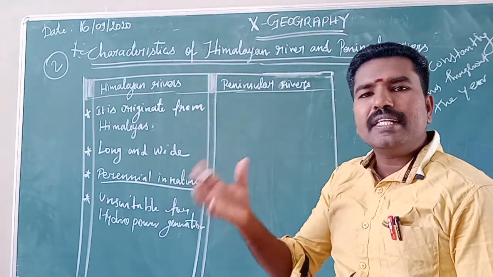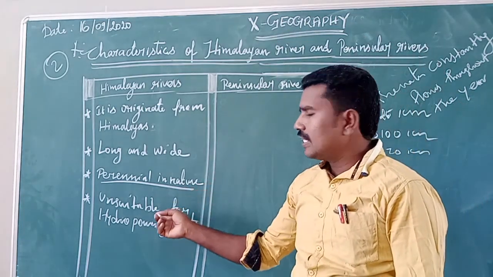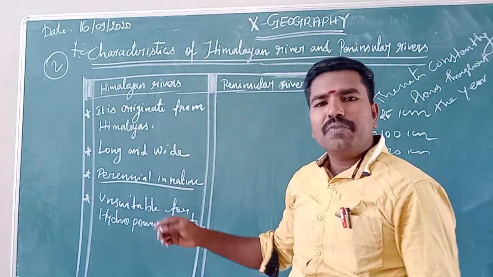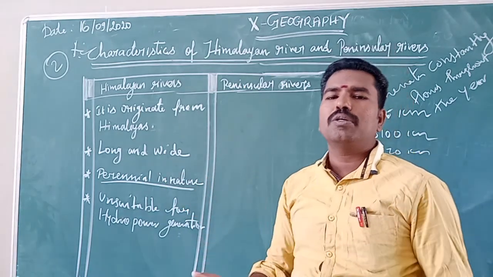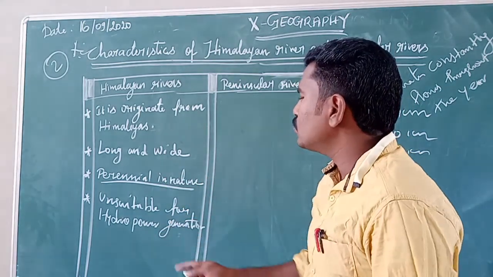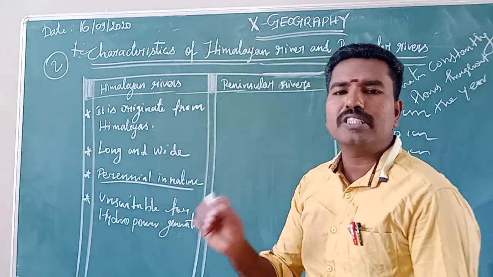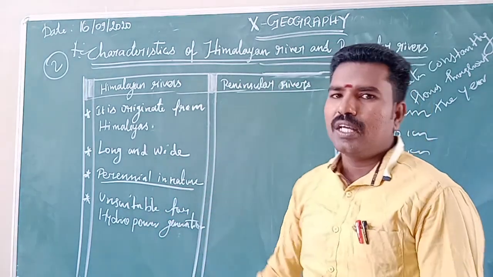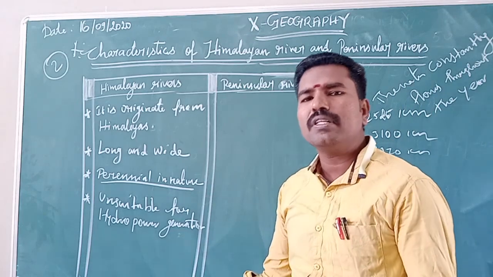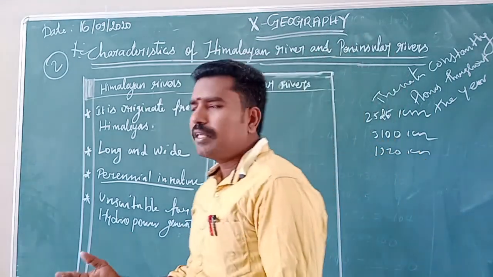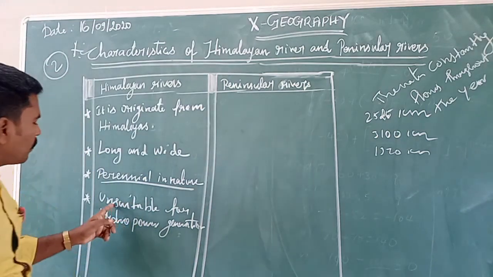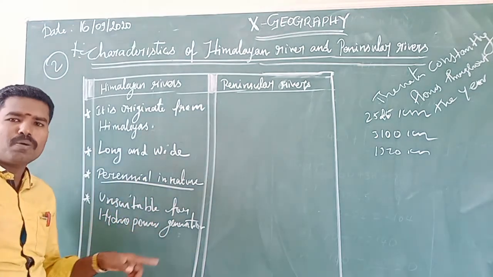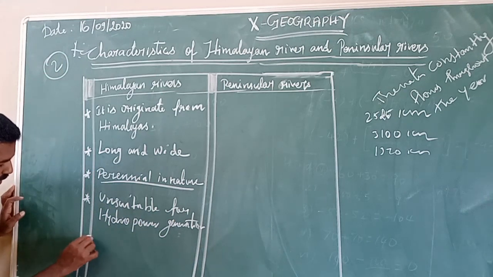So we can generate electricity, but most of the rivers are very wide, so we cannot construct a dam across the river. That's the main reason. All the North Indian rivers, including Ganga and Indus, cannot have dams constructed. That's why this is a very important point: unsuitable for hydropower generation.